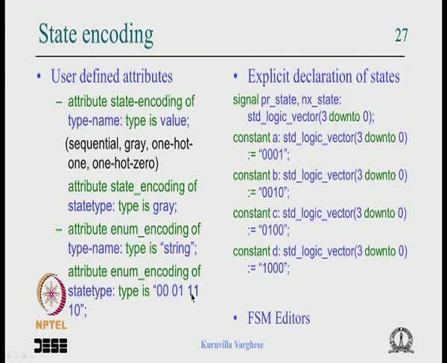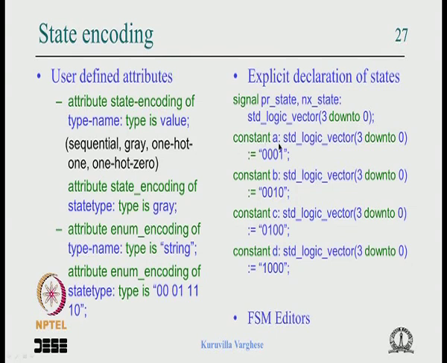Suppose that is not possible, like the tool does not give you an option of changing it, then you can explicitly, instead of using the enumerated encoding, instead of saying type state_type is ABCD, literally hard code it. You say signal present_state and next_state is std_logic_vector 3 downto 0, and you define constants.